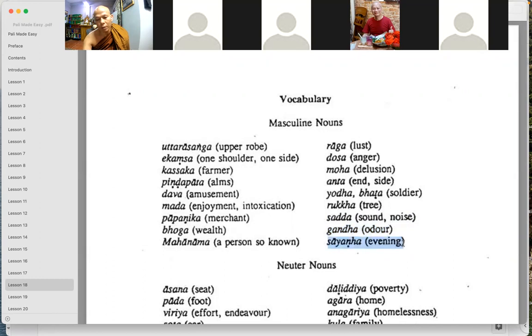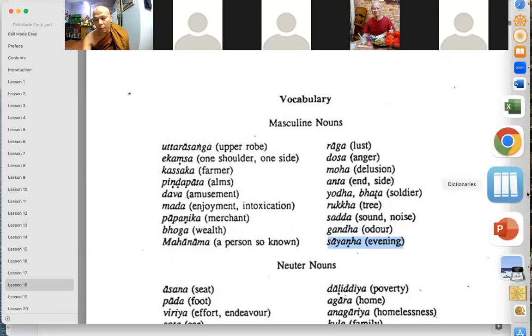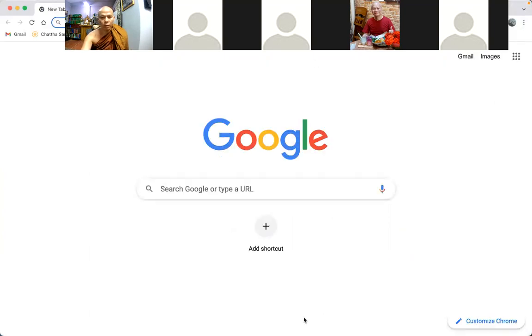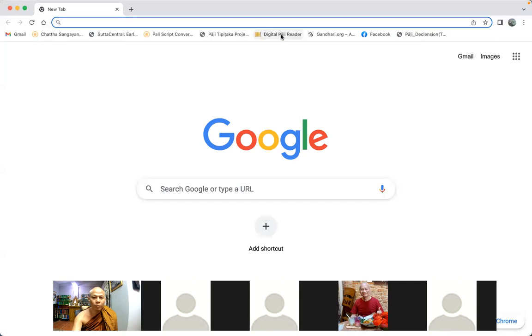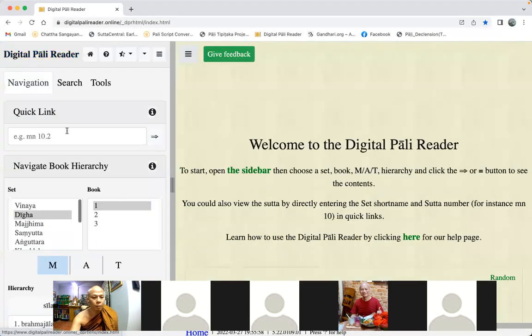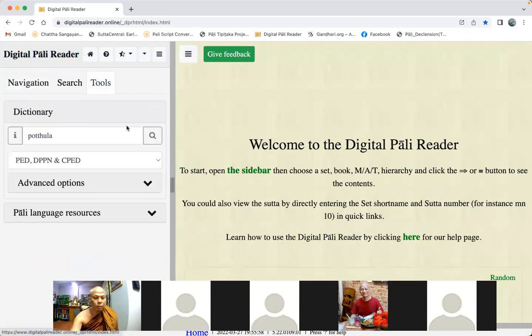Sayana, evening. I'm not sure whether that is masculine or not. Sayano, sayana kali, in this way, or sayana samaye. But sayano. Maybe sometimes such a slight mistake can be seen. This one I'm not sure.